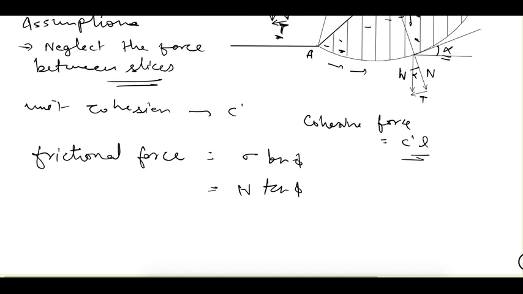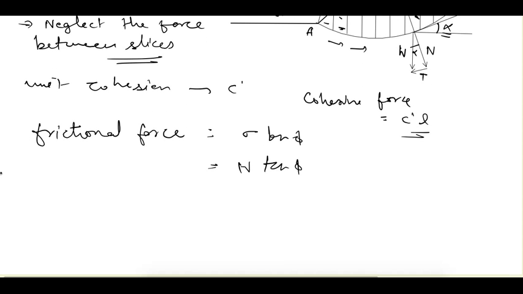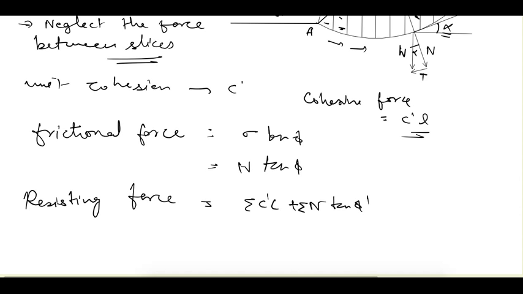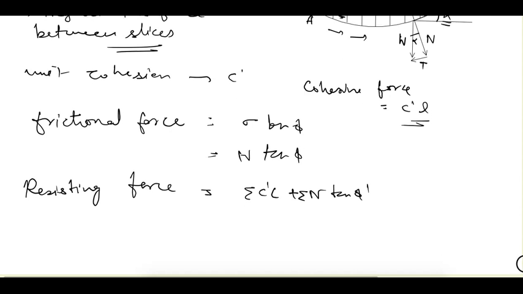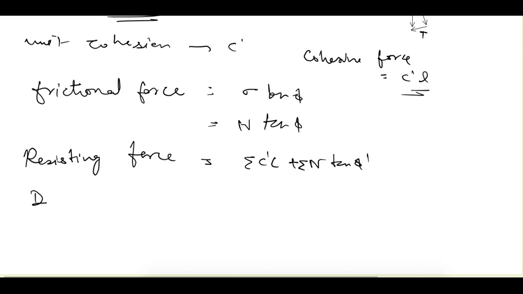So we can write the resisting force as c dash into L plus N tan phi dash. That is for one strip, but there are many similar strips, so we do the summation of all that. That gives the total resisting force.